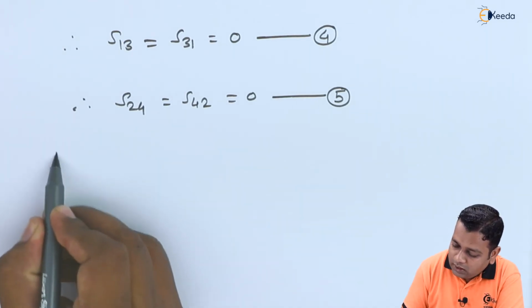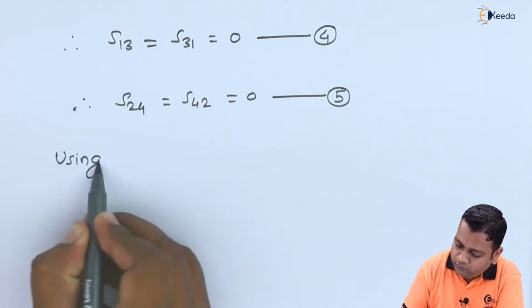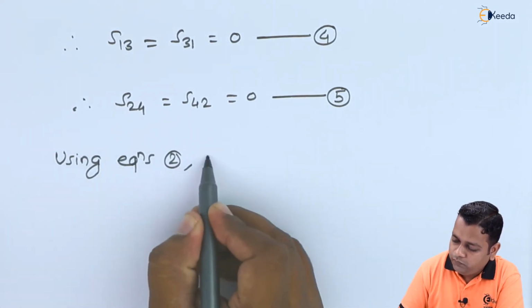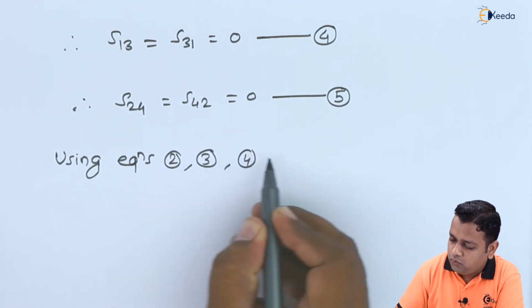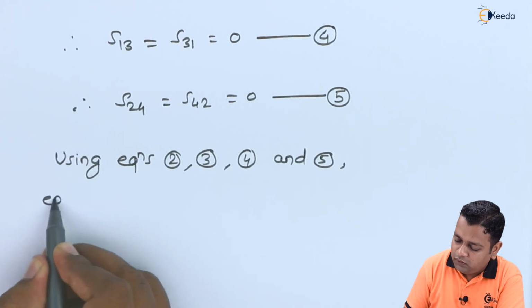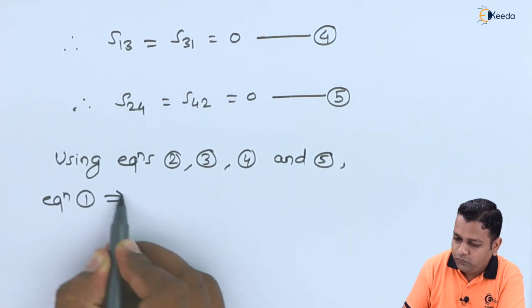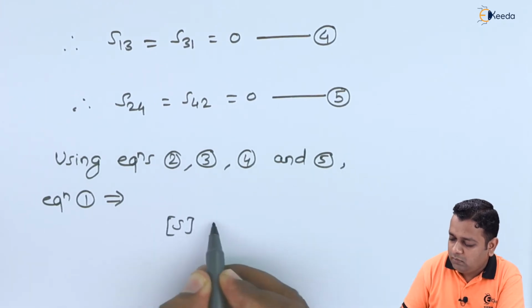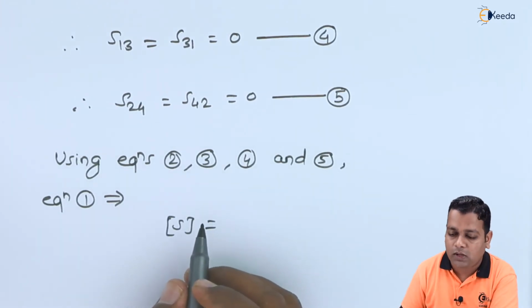So therefore I can write here, using equations 2, 3, 4 and 5, equation number 1 will imply: the scattering matrix S of the order 4 by 4.